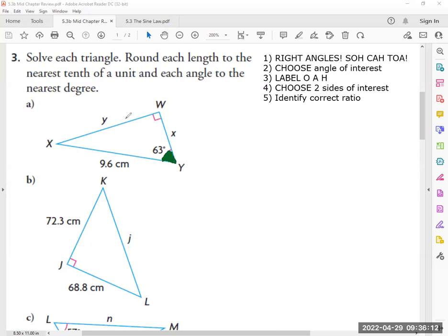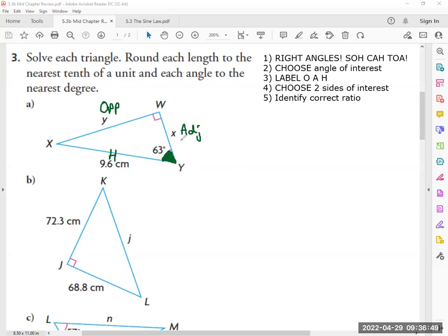And which side is hypotenuse? Narrow down your answer. Which of these three sides is hypotenuse, or the longest side? Opposite, or the furthest away from the 90 degree, is my hypotenuse. Good. And now we have a 50-50 chance. Yep. Is y opposite? Correct. And that means that x is adjacent.